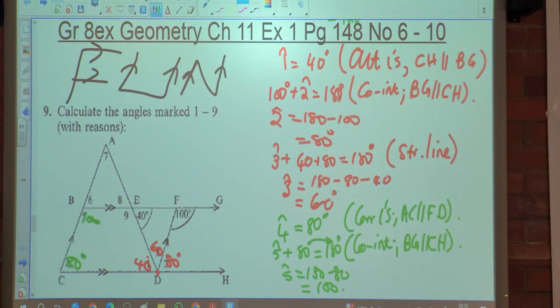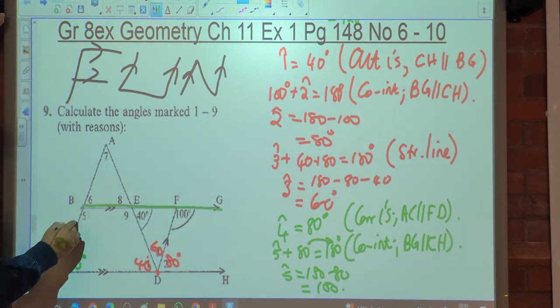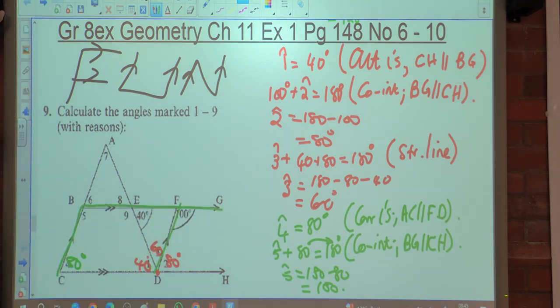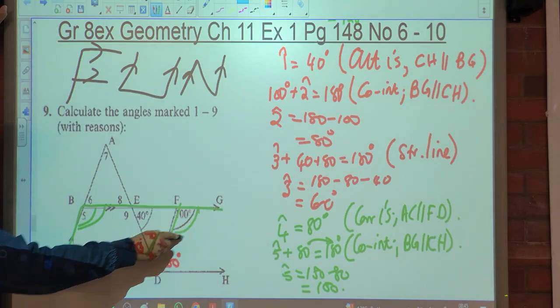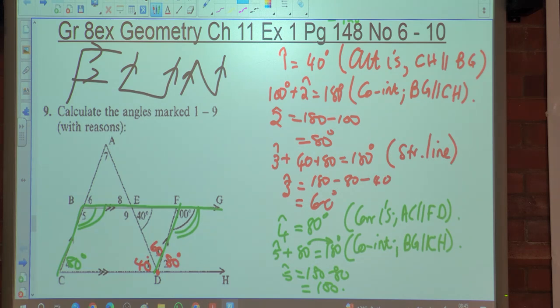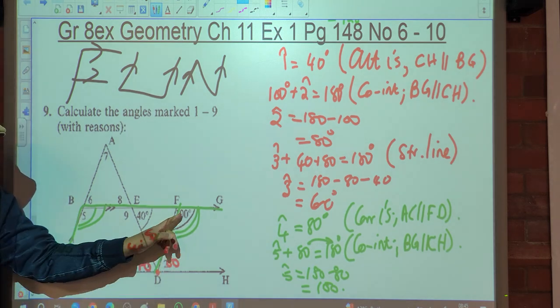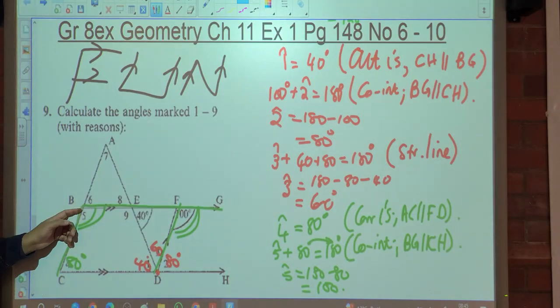Plus, there was an easier way. I think that is what you said earlier on. The F goes this way. So no calculation even needed. So angle 5 is 100 degrees. Why? Corresponding with DF being parallel to CB. You guys understand?